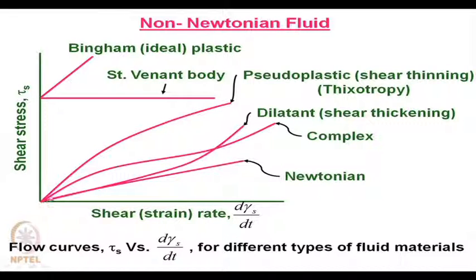Now, if you look at this curve which is concave downward, this shows a pseudoplastic behavior. Pseudoplastic means it behaves like a plastic, but on application of shear stress, its viscosity decreases. We can bring an analogy to the sand bed on the seashore.